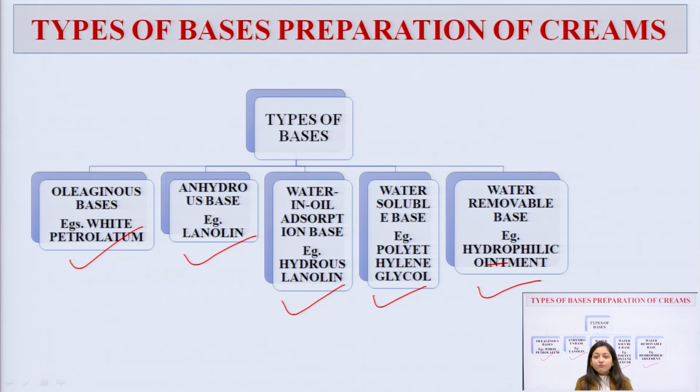The type of base differs depending upon the choice of API. If the API is water loving, we use water soluble bases. If the API is fat soluble, we go for oleogenous bases.